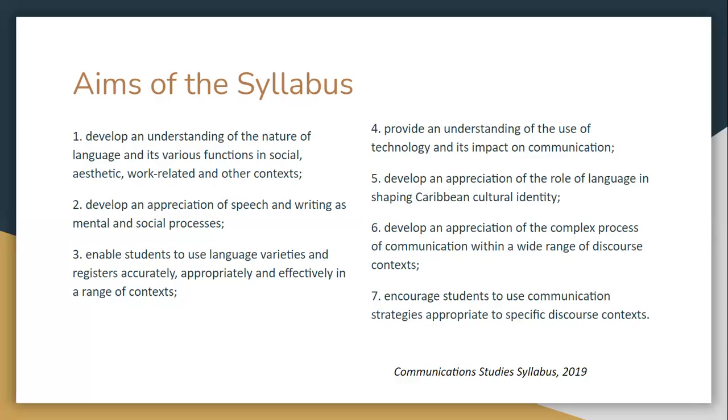Aim 2 reinforces it. 3, enable students to use language varieties and register accurately, appropriately, and effectively in a range of contexts. Why? Because there are different varieties of language and registers, and they are used depending on a situation. All right. Obviously, when we go into actual modules in later episodes in the series, we're going to explore these in detail. But these are generally what the aims are.